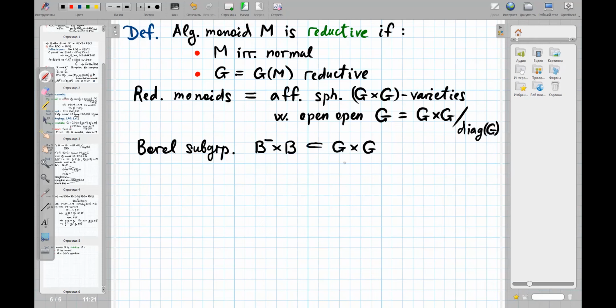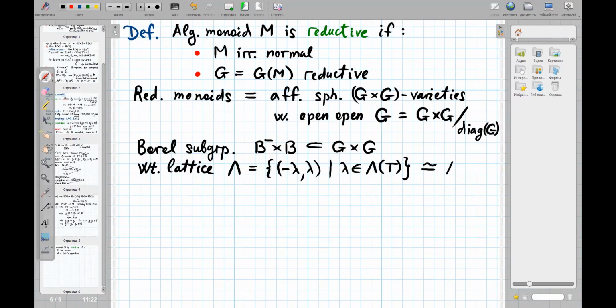And for this Borel subgroup, the weight lattice, the lattice of eigenweights of all semi-invariant rational functions, lambda, consists of all weights which are pairs minus lambda comma lambda, where lambda runs over the weight lattice of the maximal torus in B. And of course, this weight lattice can be identified with the character lattice of T itself, just embedded anti-diagonally in the double of lambda of T. Okay.